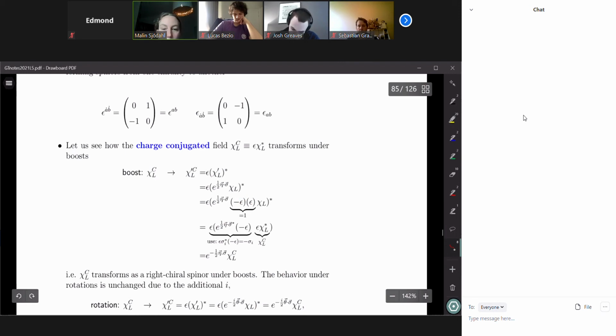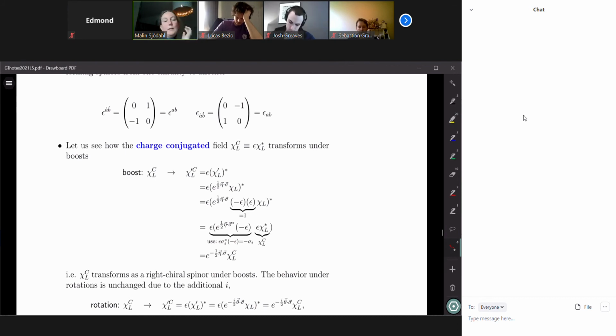Doing that, we can again use this identity. So for each power of sigma star, we can insert epsilons in such a way that we obtain this identity. In this way, we can translate this expression to that expression here. So we then get e to minus 1/2 eta dot sigma chi LC.